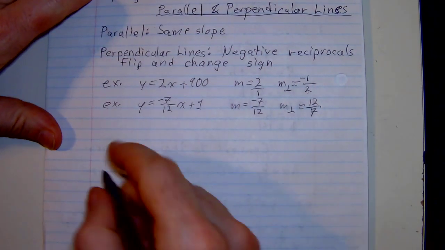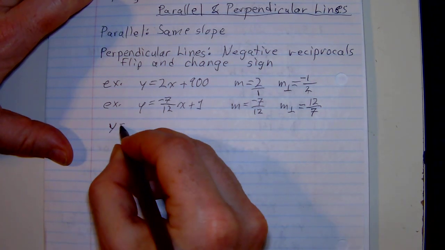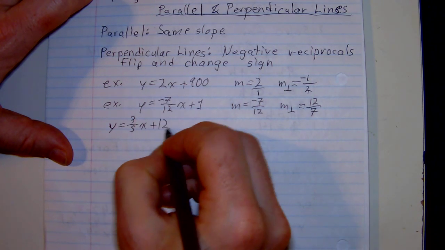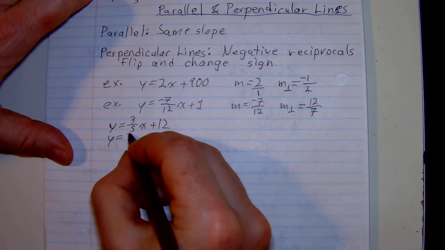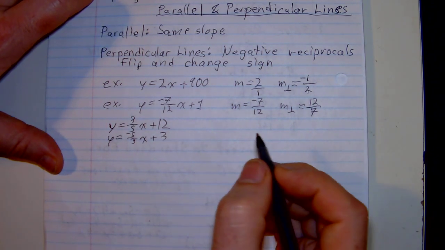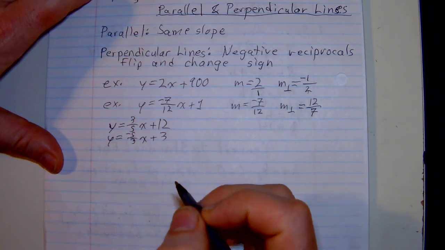So the types of questions you'll see is for the pair of lines, y equals 3/5 x plus 12, and y equals negative 5/3 x plus 3. Are they parallel? Are they perpendicular? Are they neither? Or are they just the same line?